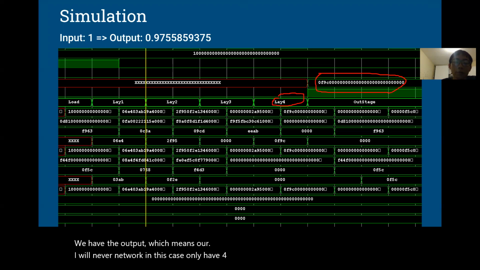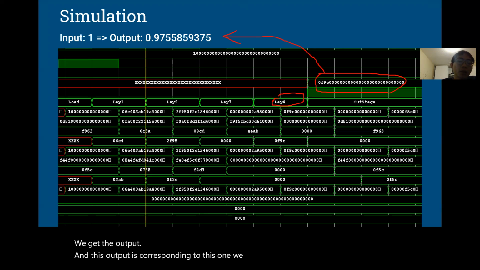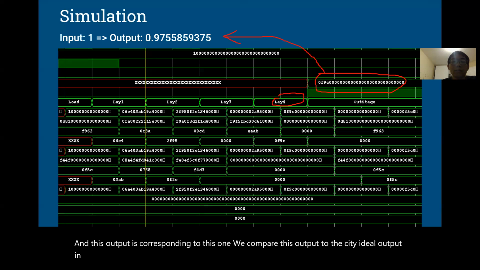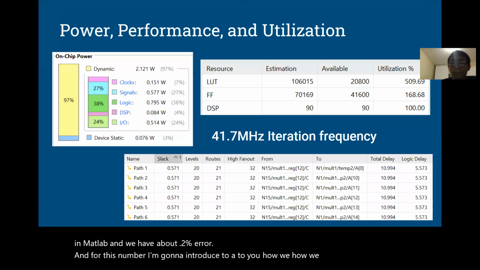So after layer 4, we get the output, and this output corresponds to this one. We compare this output to the ideal output in MATLAB, and we have about 0.2% error. And for this number, I'm going to introduce to you how we represent this number a little bit later.